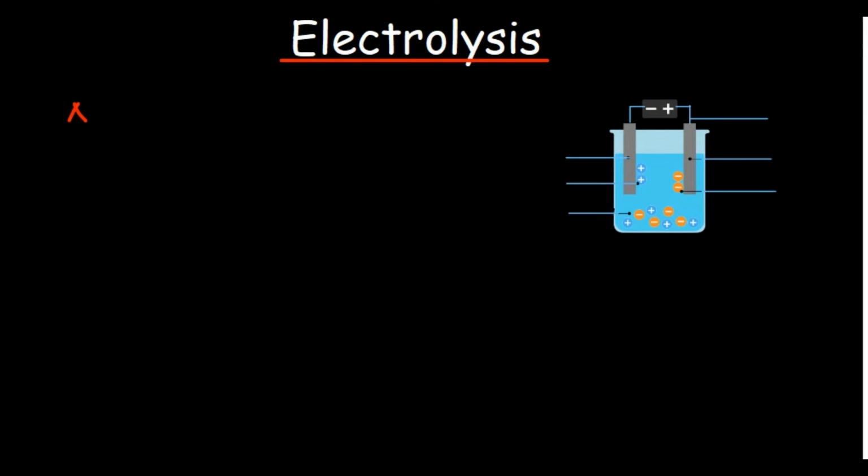For example, you can think about sodium chloride. Electrolysis is the process where we break or decompose this compound into its elements. In this case, we know it is made up of sodium and chloride ions. So that process of breaking this up is electrolysis.